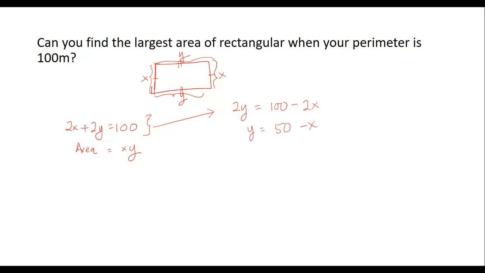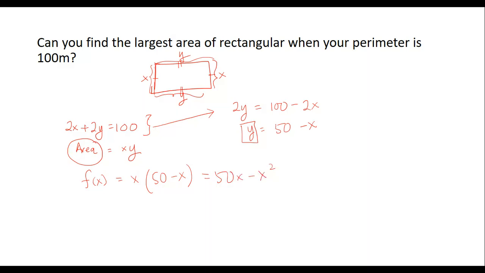It's the same, right? I just rearrange the calculations so that I can eliminate my y. That's my intention. Now my area, instead of writing like this, I write in function form. My x is the same, but now my y is just a function of my x.